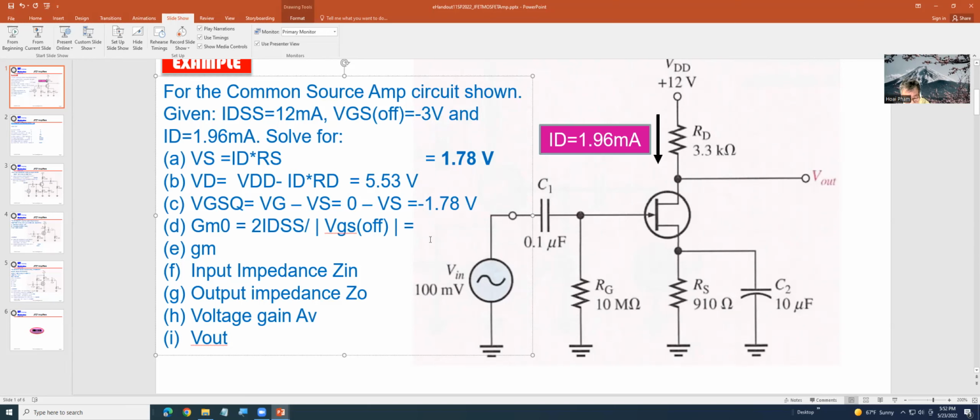Correct, 8 millisiemen. And gm, I gave you the formula.